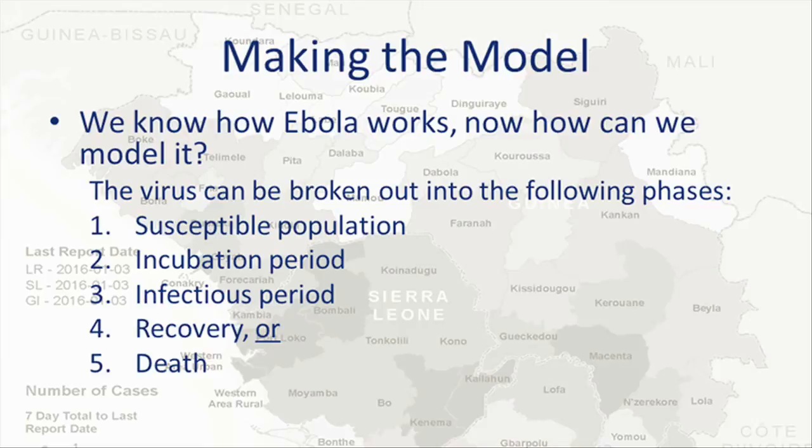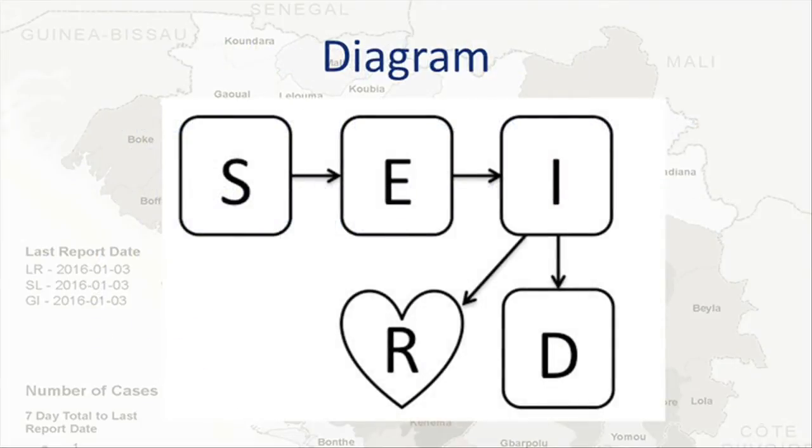So now we're going to break this out into phases. Here's a diagram that we'll be basing our model on. Everyone starts out susceptible to the disease. You can catch it, but you're fine, you don't have Ebola yet. But if you come into contact with someone who is infected with Ebola, you will contract the disease.